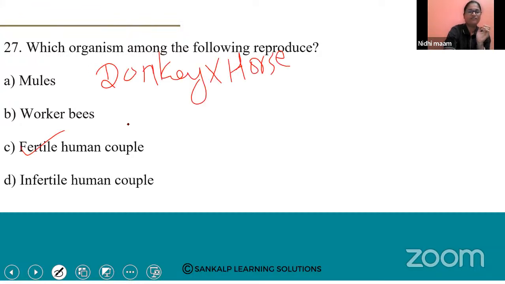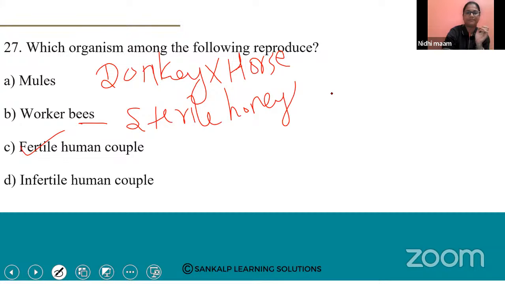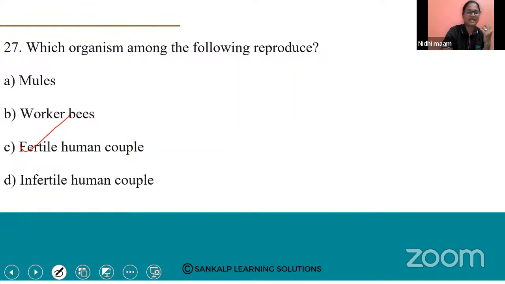Worker bees are sterile honeybees, which are not able to reproduce. Right? Then a fertile human couple can reproduce. Infertile means not able to reproduce. So option C is the right answer.